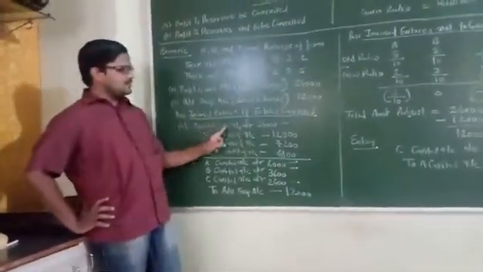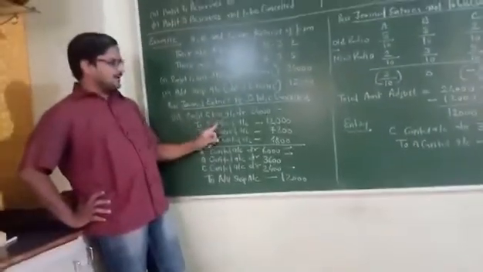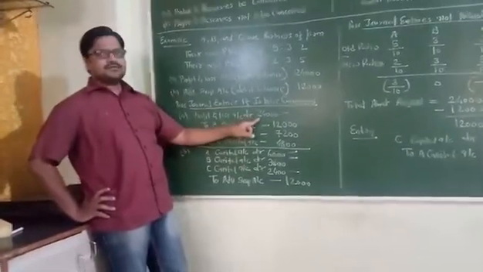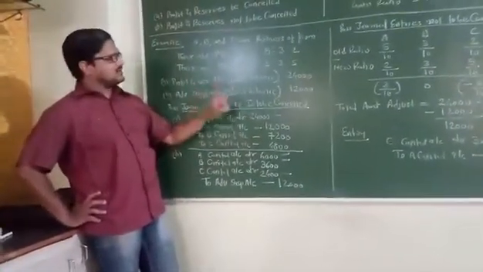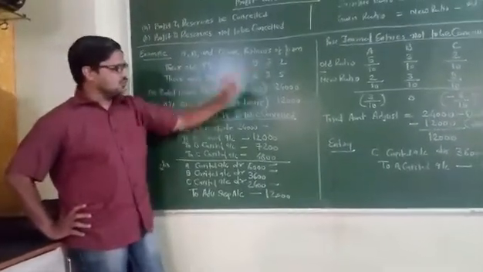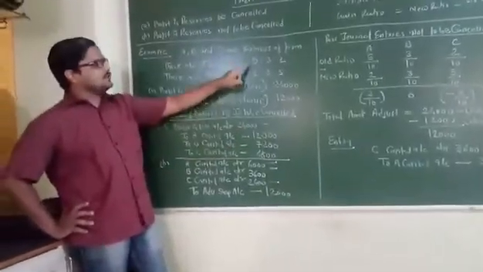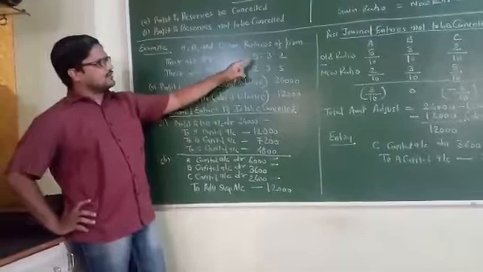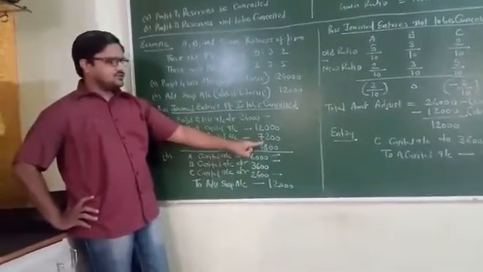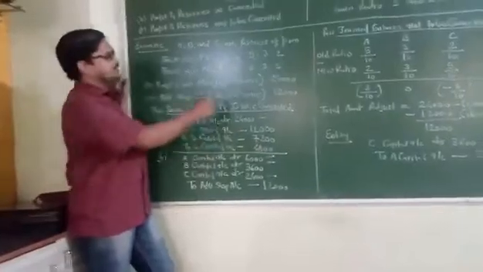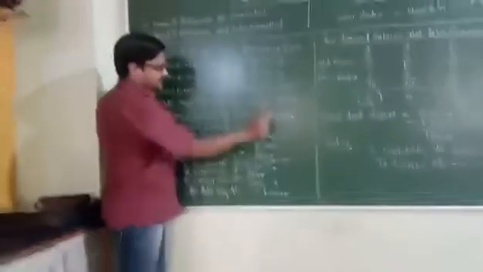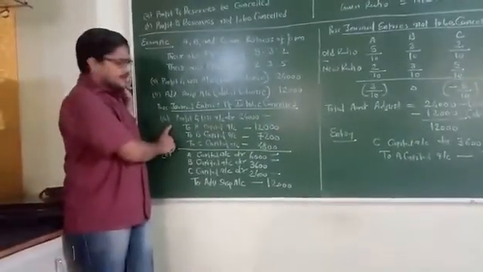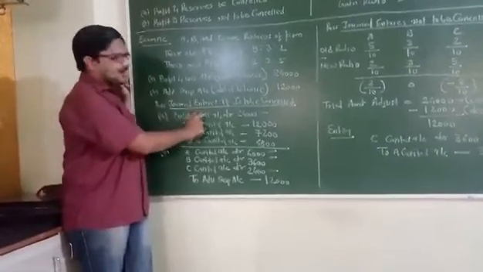So profit and loss account debit 24,000 to A capital account, to B capital account, to C capital account. 24,000 into 5 divided by 10 gives 12,000. 24,000 into 3 divided by 10 gives 7,200. 24,000 into 2 divided by 10 gives 4,800. This is the entry of profit and loss account distributed among the partners.